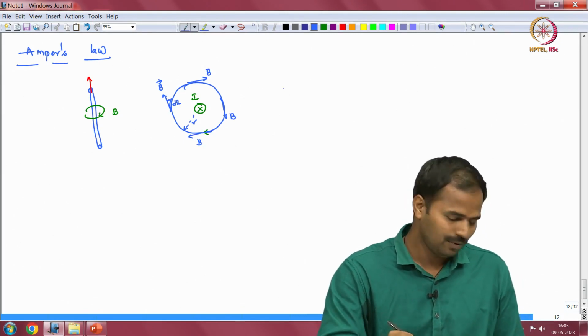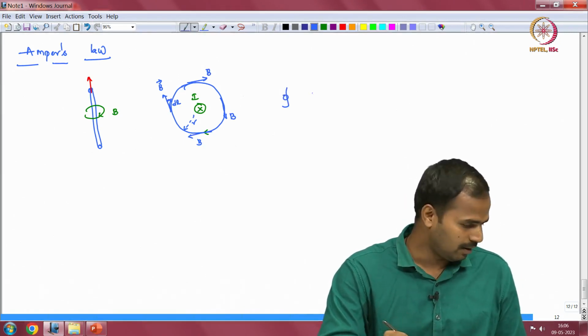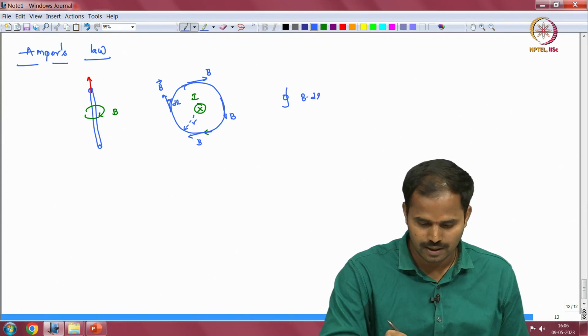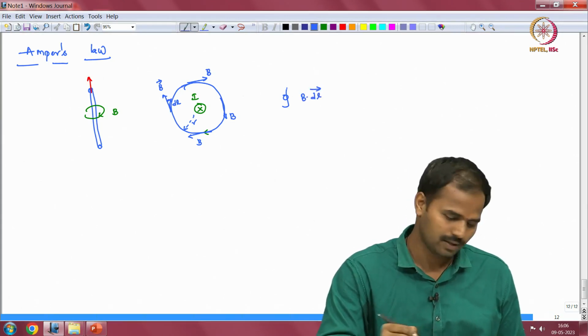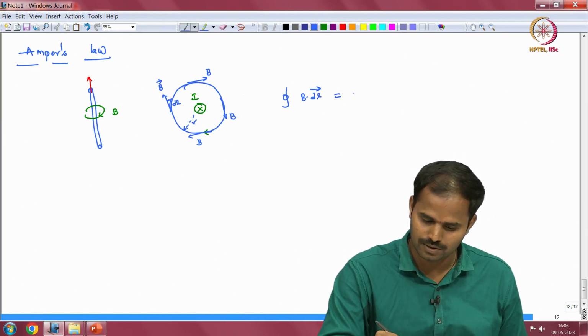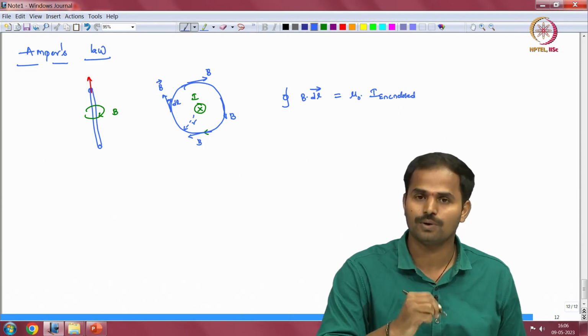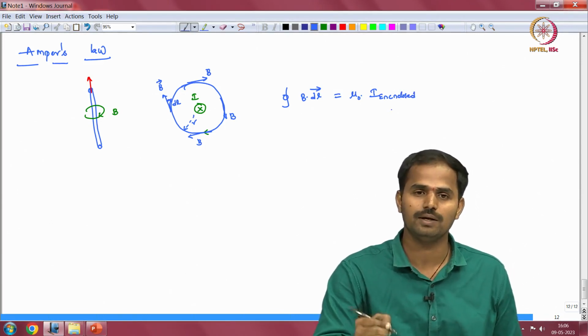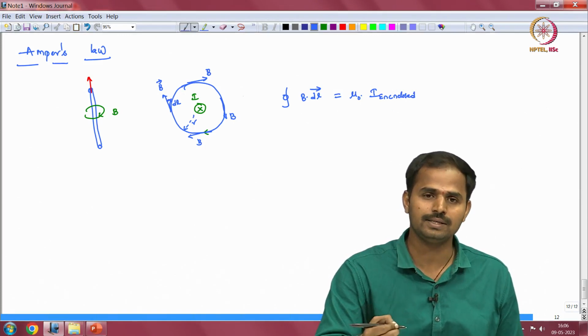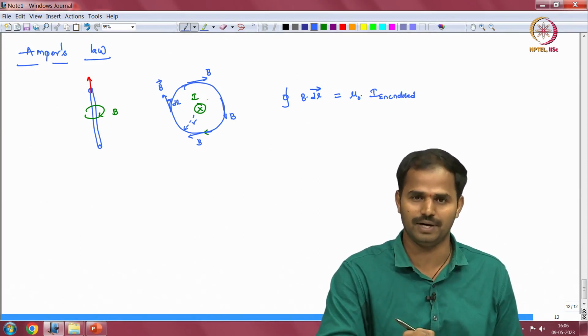Now, the closed integral of B dot dl with respect to that particular small element equals mu naught into I enclosed. Here I enclosed is nothing but the current which is acting as a source for the magnetic field.